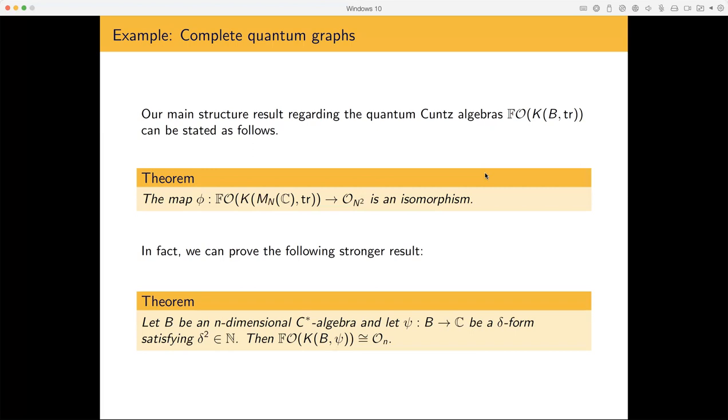And then you want to say that this functor is representable, so that it is represented by an algebra, so you can write that as Hom of some algebra into C.